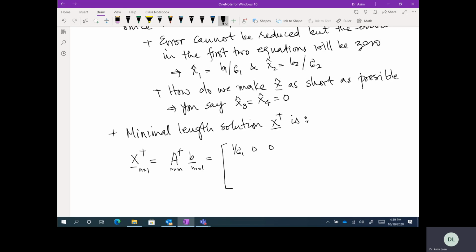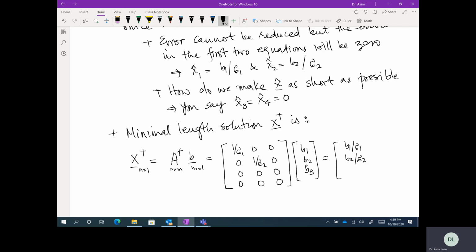So instead of 3 by 4, we'll have 4 by 3. So 4 by 3 is this one, multiplied by b1, b2, b3, which is equal to simply b1 over sigma 1, b2 over sigma 2, and finally we have 0. 1, 2, 3, 4.